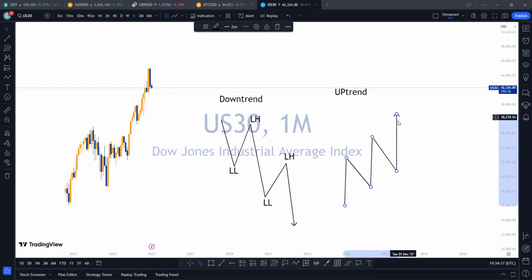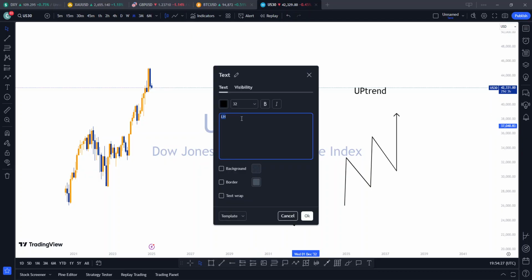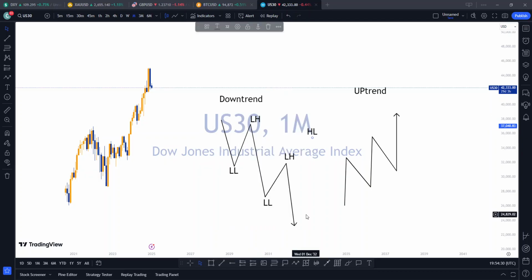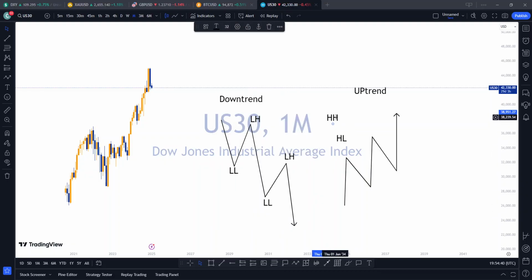For an uptrend, we will have a higher low and a higher high. So this will be a higher high, this will be a higher low, then this will be a higher low, and this will be a higher high. And that's how you know what an uptrend is.